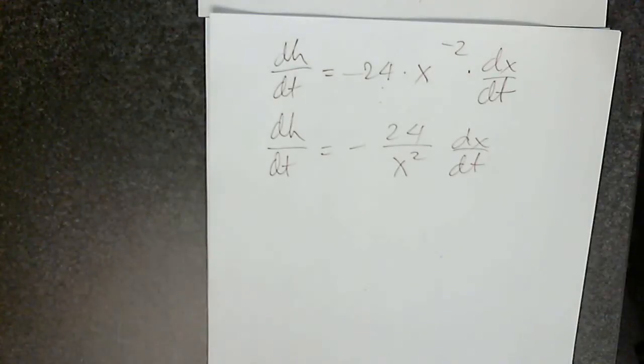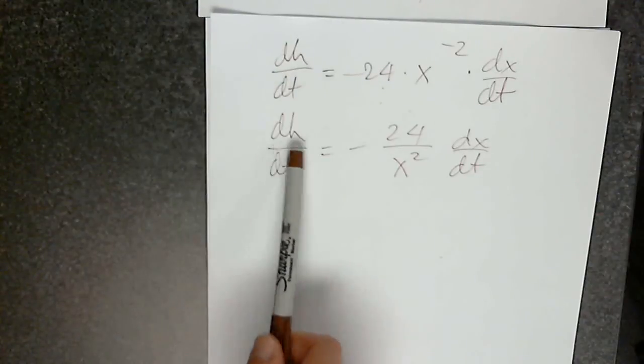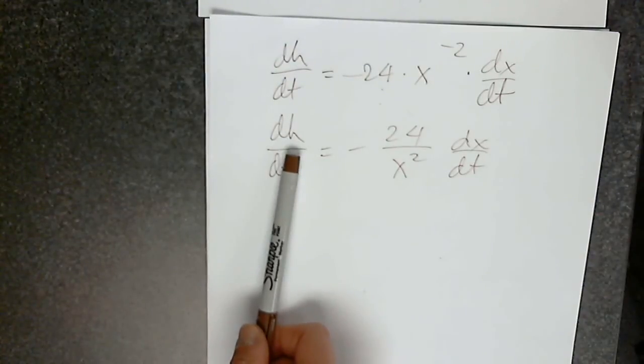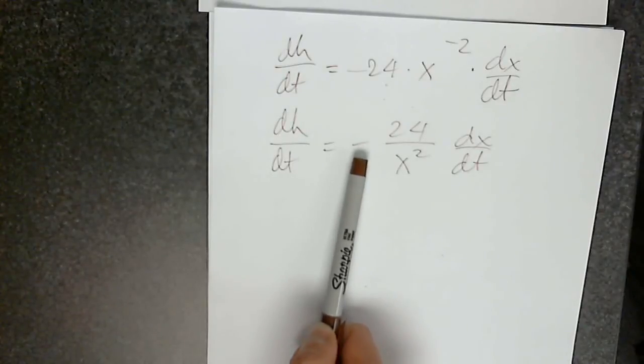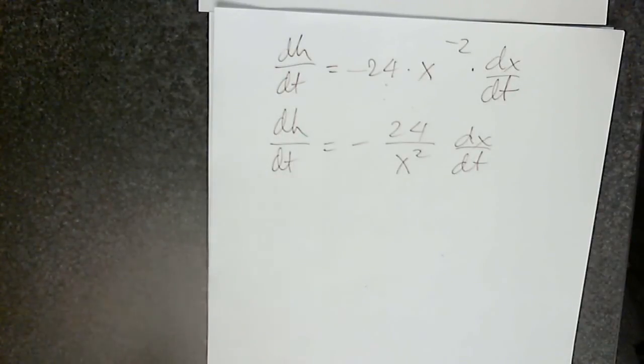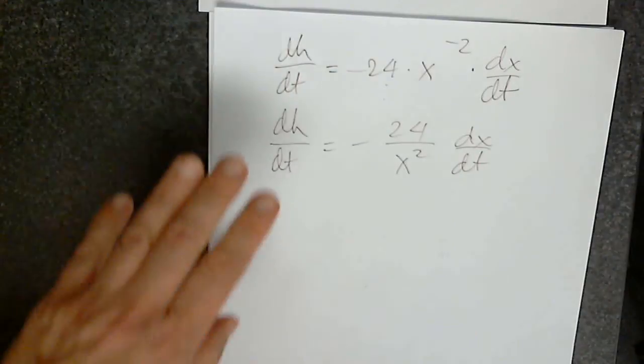And now I can read on or come back to the question. How fast is the length of the shadow on the building decreasing when the man is 4 meters from the building? So I'm walking away from the spotlight, and I cover the distance, and now I'm 4 meters away from the building.